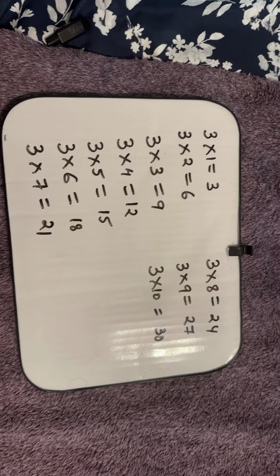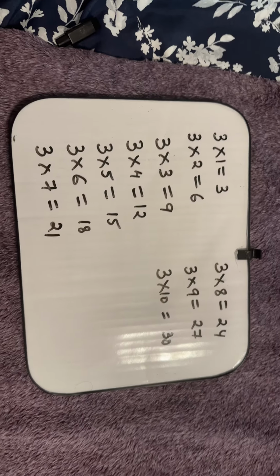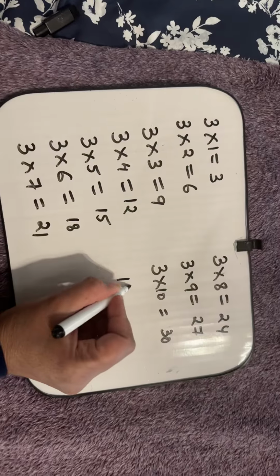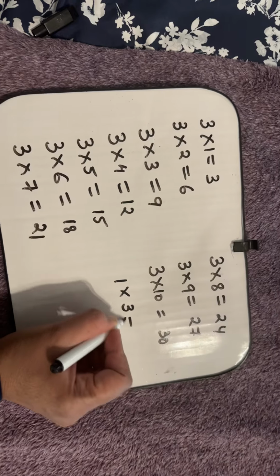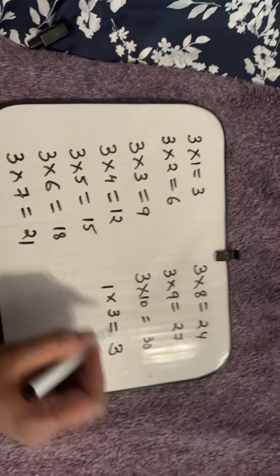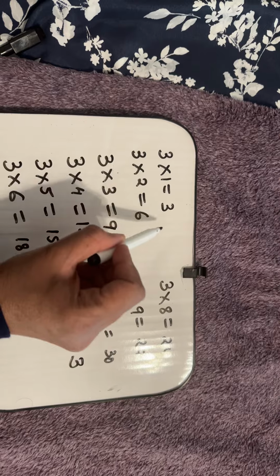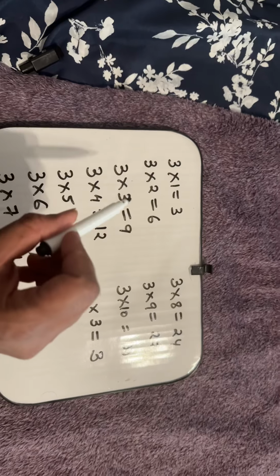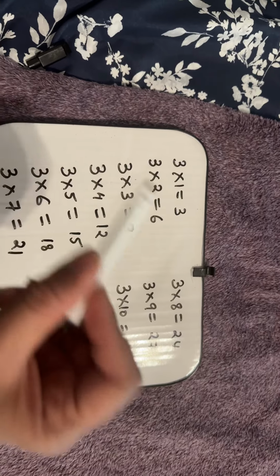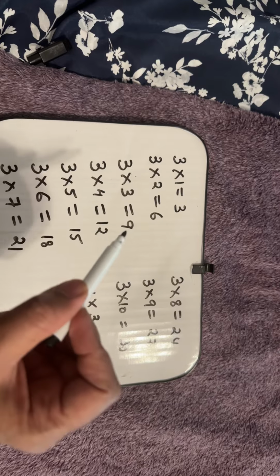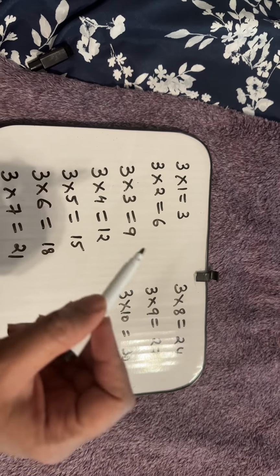So, if you look at the multiplication table of 1, we know that 1 times 3 is going to give us the answer 3. So 3 times 1 is also 3. Now look over here. We had learned in a previous video that in 2's table, 2 times 3 is 6.